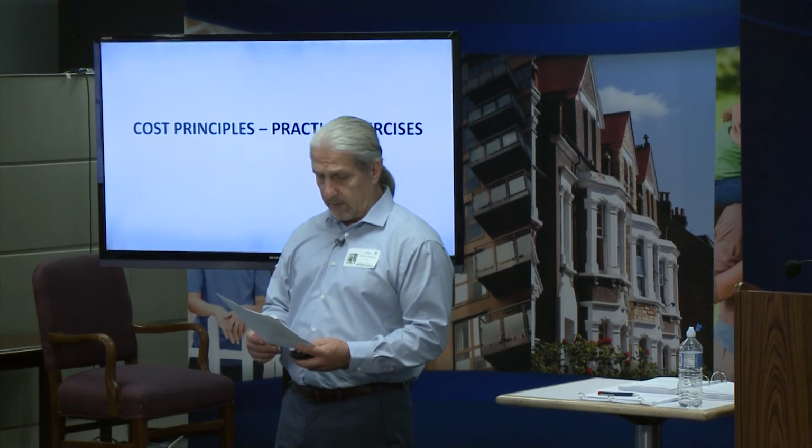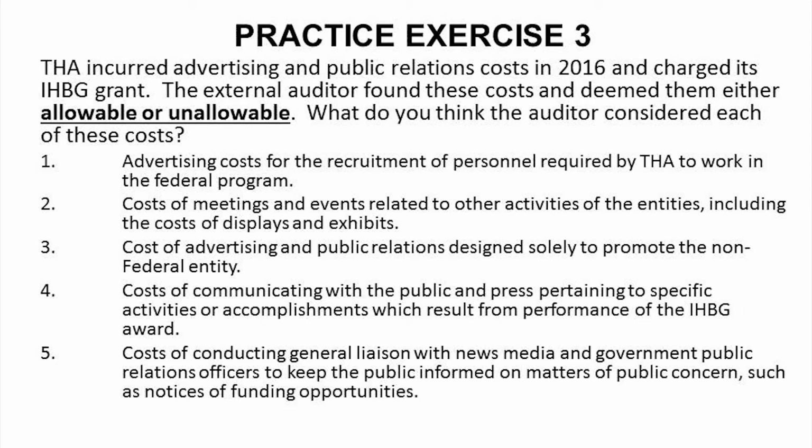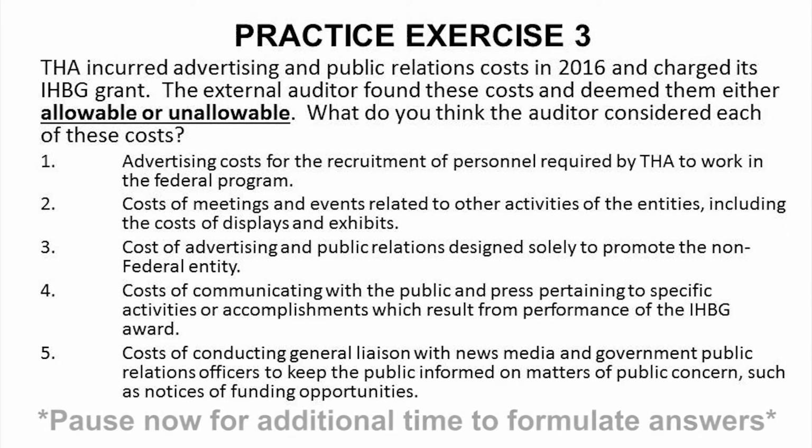Number 3, PHA incurred advertising and public relations costs in 2016 and charged it to the Indian Housing Block Grant. So the external auditor found these costs and deemed them either allowable or unallowable. So what did the auditor rule on each of these following costs?